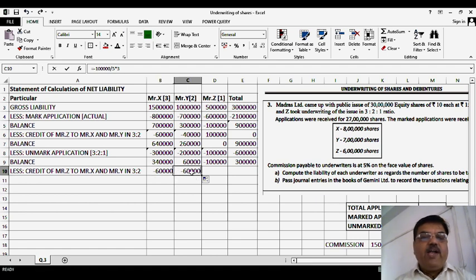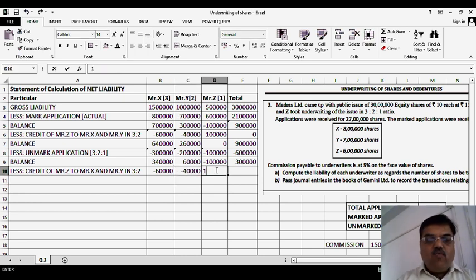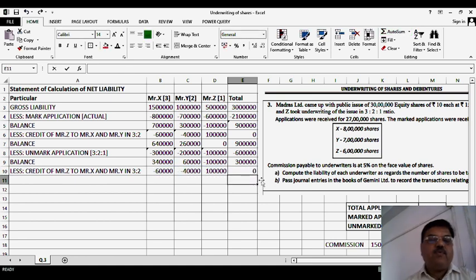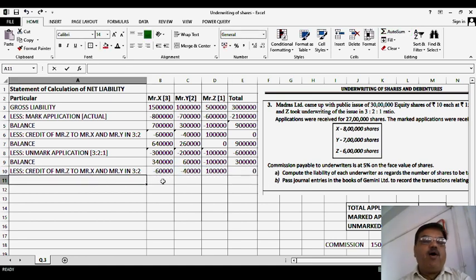Next, 1 lakh divided by 5 multiply by 2 comes to minus 40,000. And here the full 1 lakh we have to add back to get 0, and the total of this will definitely be 0. Now whatever amount comes, if it is positive, then okay, that will be the final result.